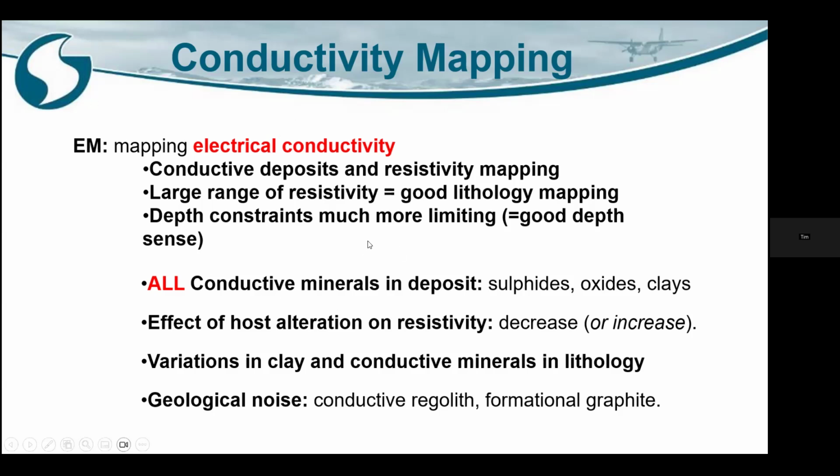Both increases or often decreases can tell you again about alteration. Alteration is something we're looking for because alteration can be related to mineralogy and mineral deposits. Variation in clay conductivity you will definitely see, and also for water, you can measure saline effects, salinity in water.